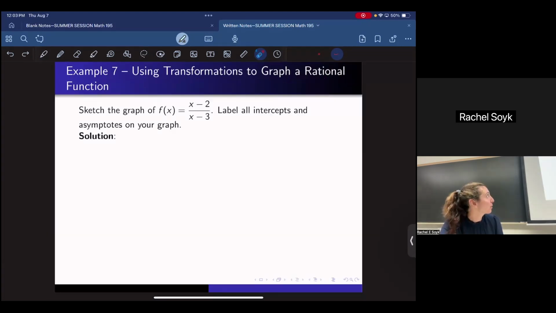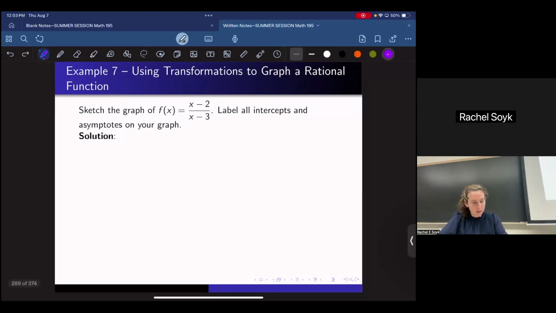Now we're going to start with our next example, which is example 7. And here we are going to graph x minus 2 divided by x minus 3. Same exact concept, label all the intercepts, asymptotes, and then sketch.